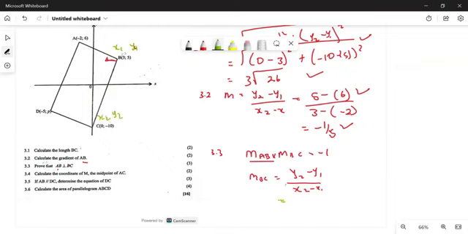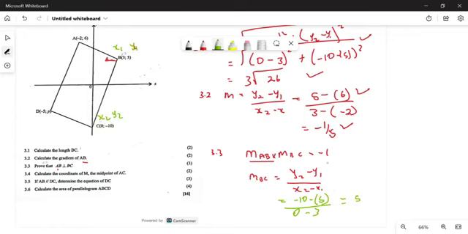Y2 minus 10, minus open bracket, 5, all over 0 minus 3. And then if you type this in your calculator, you get 5. Okay?